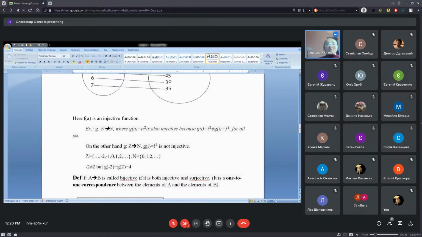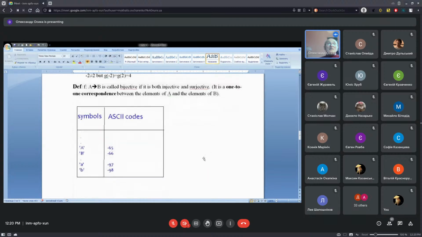And the rule is we take element i from the domain, and by this rule find the corresponding element in the range. But here we had a situation: -2 is not equal to 2, but G of -2 is equal to G of 2, and it is 4. So this function is not injective.